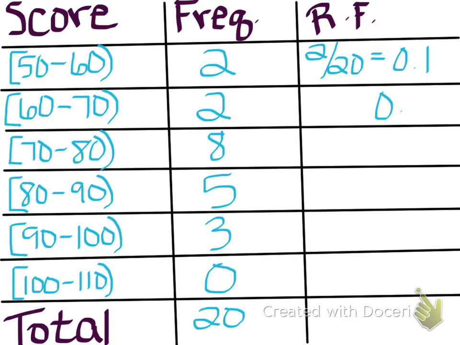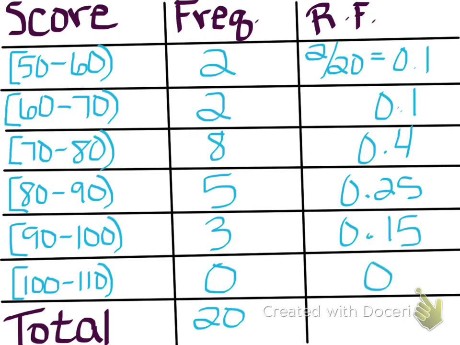So 2 over 20 is 0.1, 2 over 20 is 0.1, 8 over 20 is 0.4, 5 over 20 is 0.25, 0.15, and 0. And then again, if I add up this column, it should sum to 1. So 0.1, 0.2, 0.6, 0.85, 1.